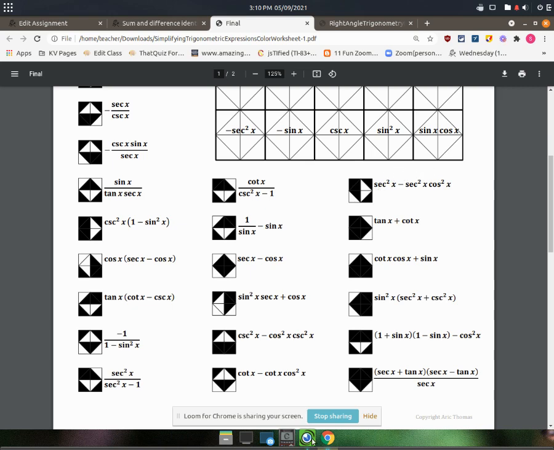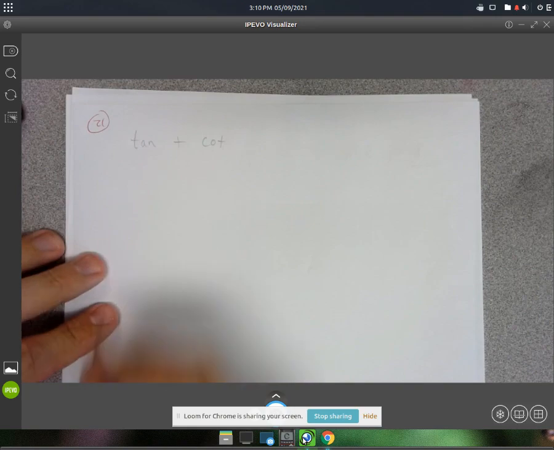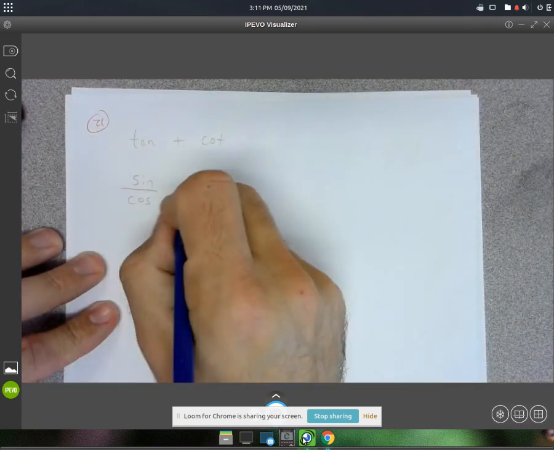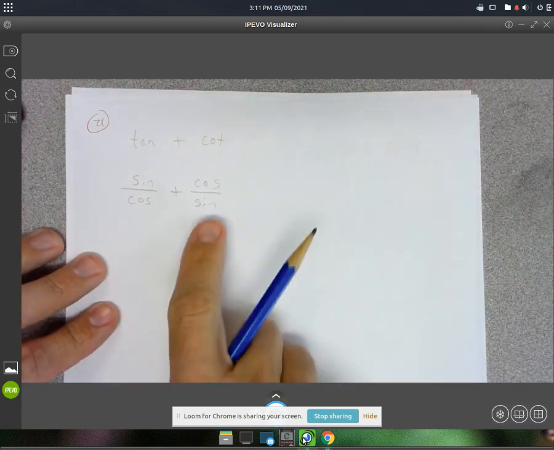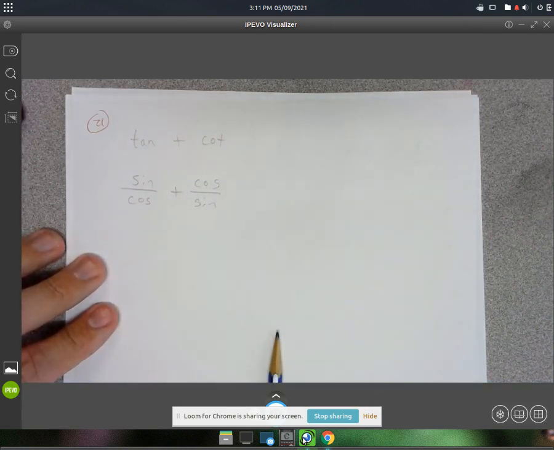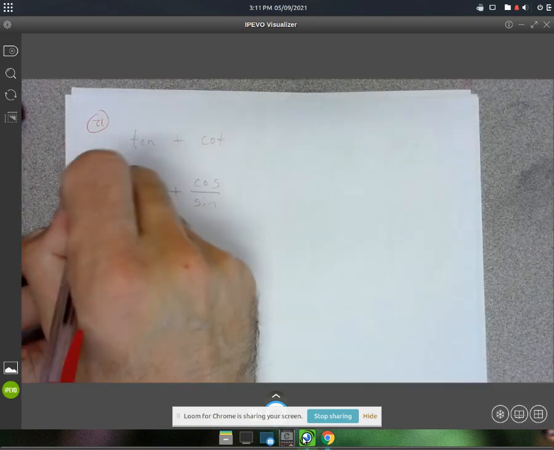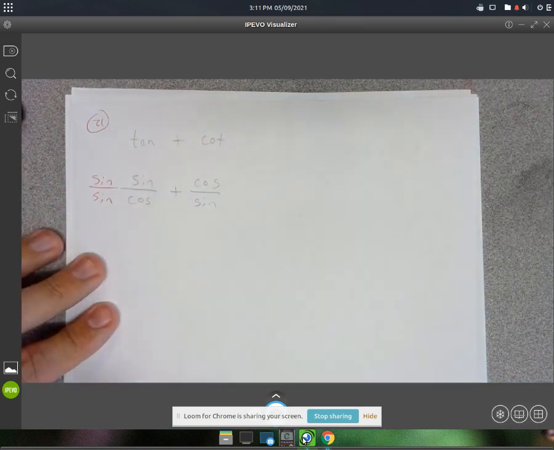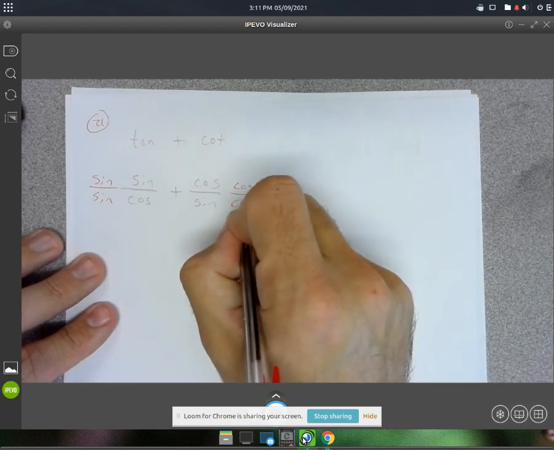All right. So back to this question here. We'll convert everything to sine and cosine. So we get sine over cosine for the first one, and then cosine over sine for the second one. But we need them to have the same denominator. So I'm going to multiply the one on the left by sine over sine, and the one on the right by cosine over cosine.